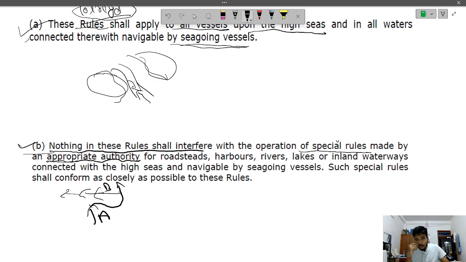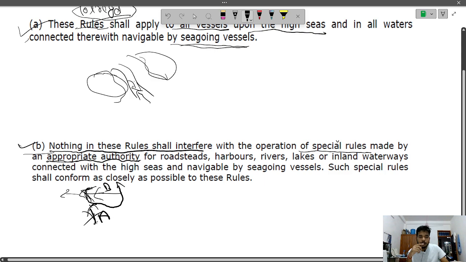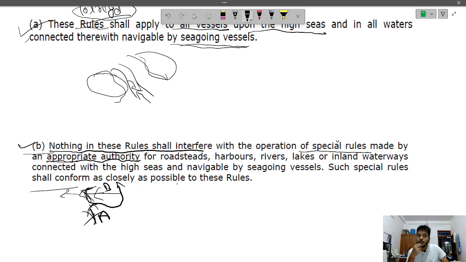But in a special rule it cannot be different. In this scenario, it should not be that the other vessel takes action and moves to its port side while we maintain our course. It will make a special rule which is as close as possible to the COLREGs.